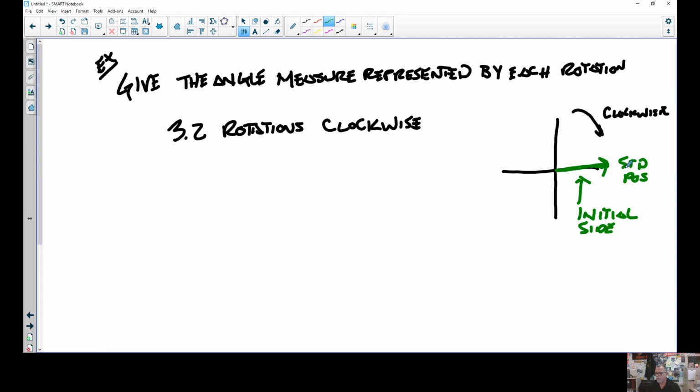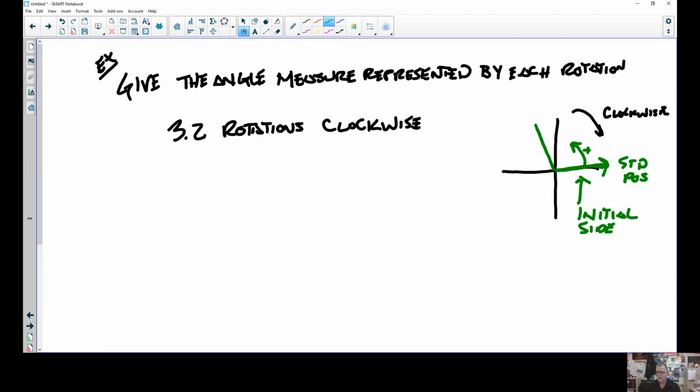When we rotate a standard position angle from here, it rotates counterclockwise, and this is considered a positive rotation. Clockwise is considered a negative rotation.